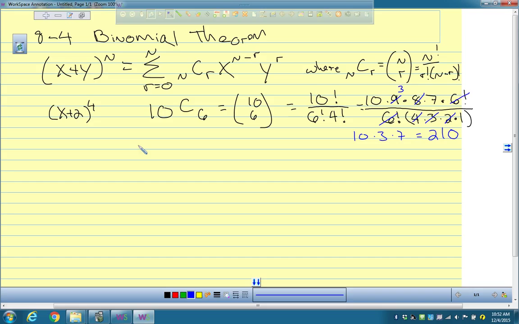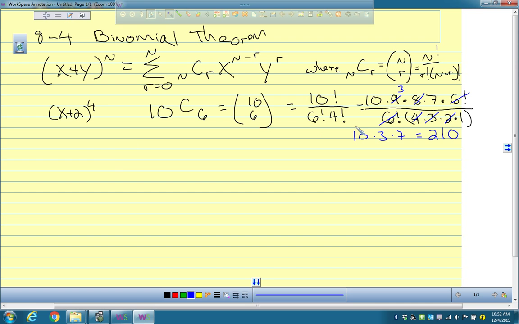Position doesn't matter. If someone's sitting in that chair, that chair, that chair, the order of the people doesn't matter. It's just your committee. But a permutation is where the order does matter, like a batting lineup or something. We'll talk more about that on Monday.